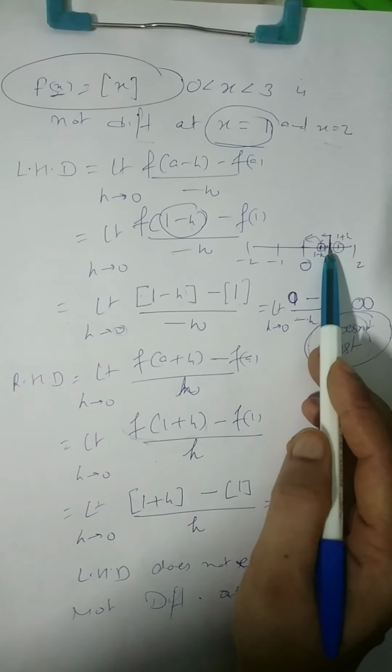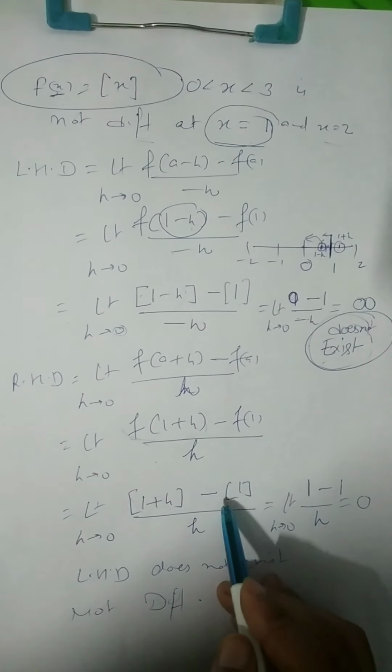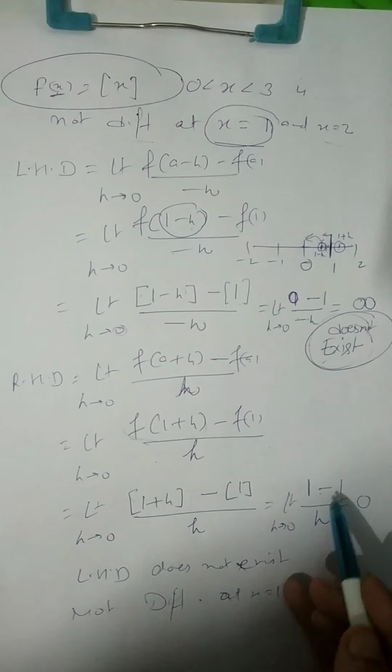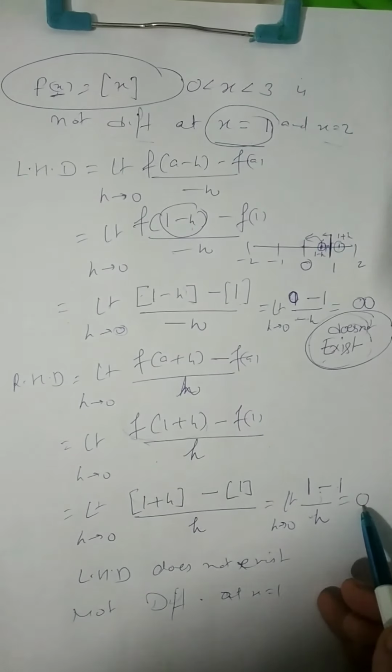So [1 + h] is 1, and 1 - 1 is 0, and 0 divided by any number is 0. The limit of 0 is 0.